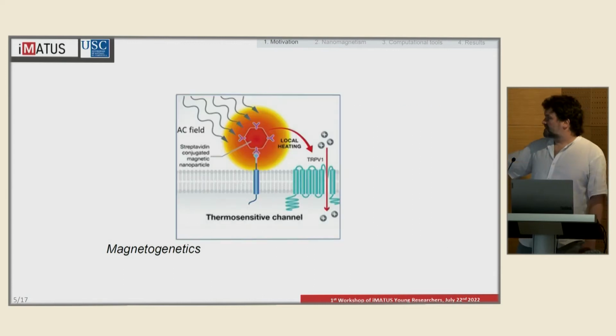There is something that is very interesting, that is magnetogenetics, the possibility to control the behavior of cells by activating some thermosensitive ion channels, delivering magnetic nanoparticles to cells overexpressing this type of channel.